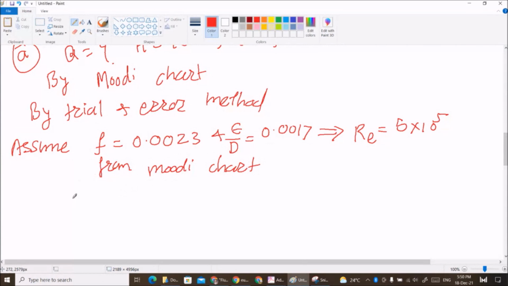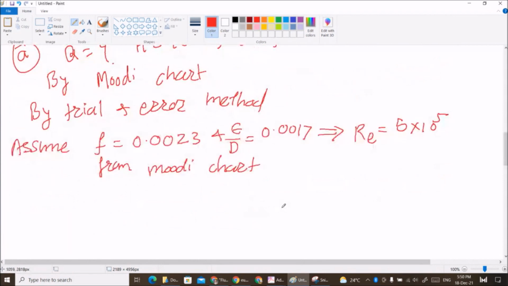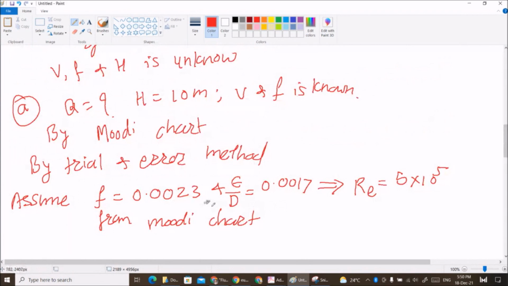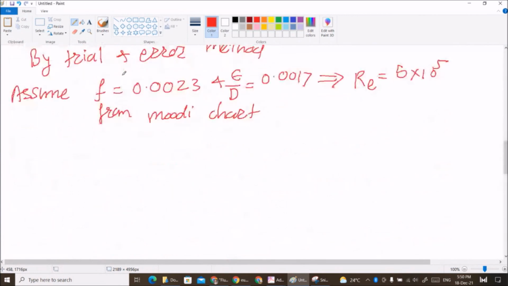Now we'll check this. Once we know the Reynolds number, we'll find the velocity. If we put these values in equation number 1, F we have, H we have, we'll get velocity, and we'll check whether Reynolds number is same or not, and then we will decide.